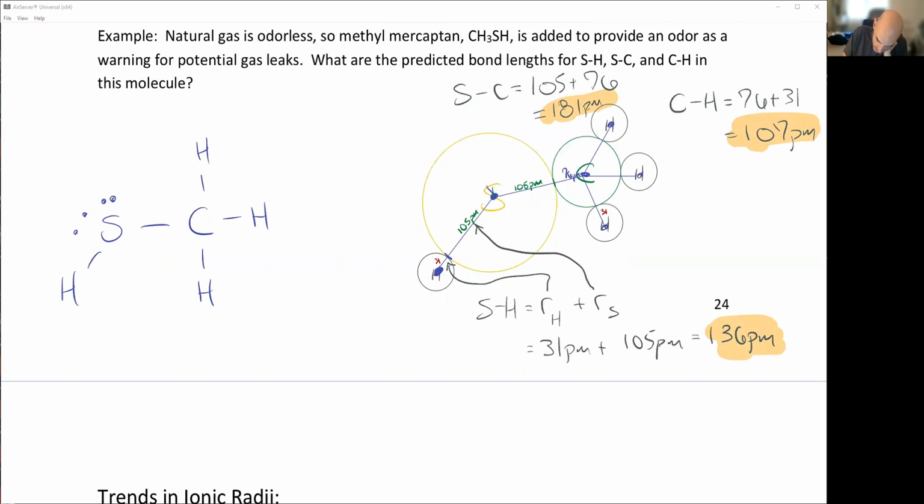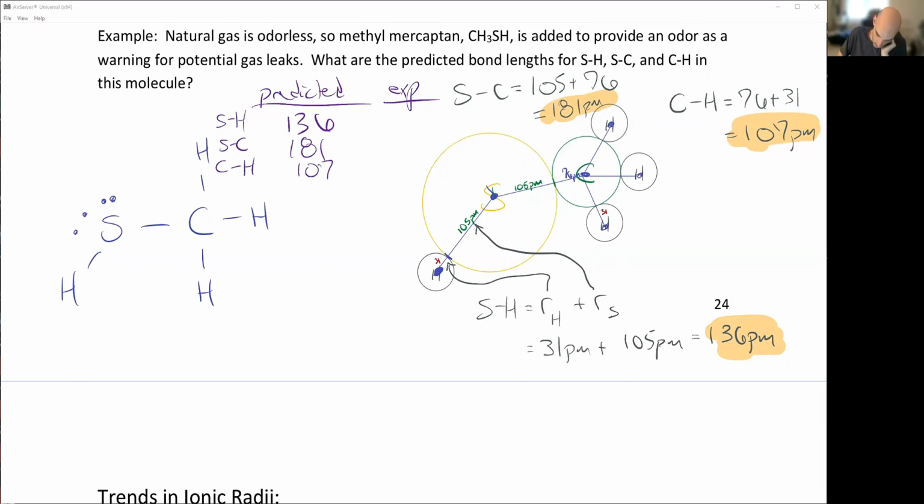So from these, let's take a look at our predicted versus actual calculated and experimental values for SH, SC, and CH. The predicted for SH was 136, 181 for SC, and 107.